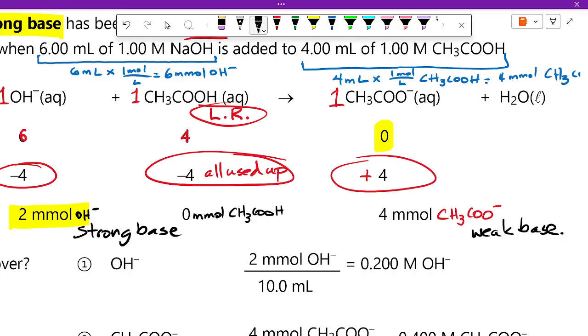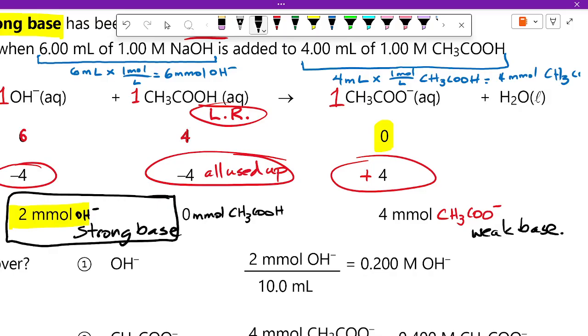And the tricky thing about this is to realize that it is basic mainly because of the strong base. The weak base would love to take some hydrogens and leave some hydroxide behind, but its equilibrium is going to get pushed very much to the left, so it's mostly going to stay in its weak base form and not produce hydroxide. We'll look at that in a moment.